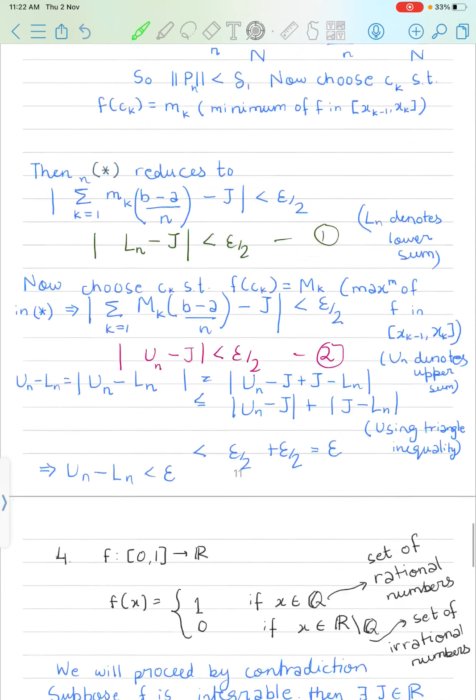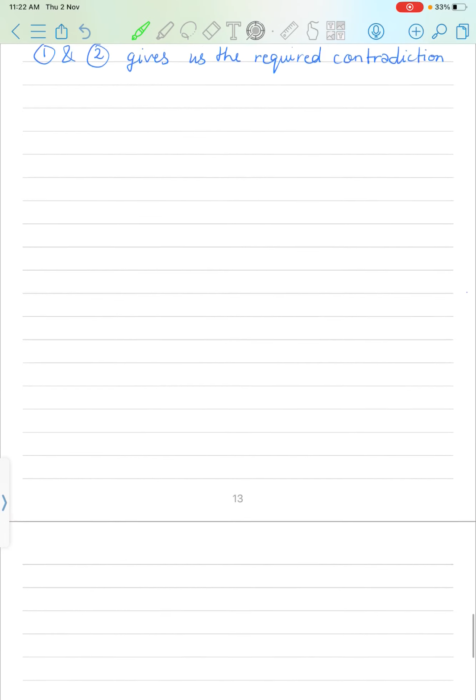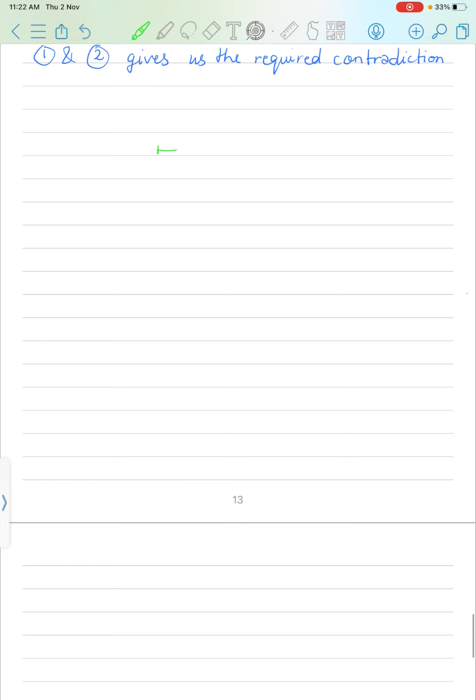Let me illustrate this. On [0, 1], let's say these points are 0.1, 0.4, 0.67, 0.89.